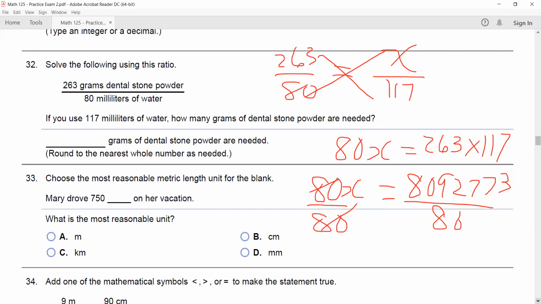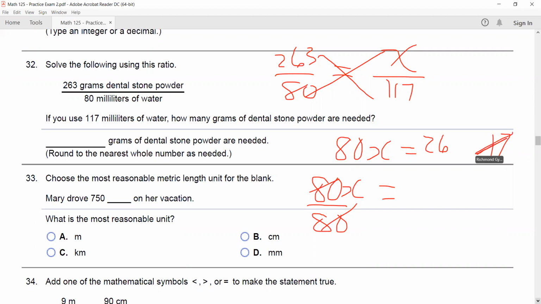Okay, I think that I did something wrong here. 263 times 117 is going to give us, oops, 30771.